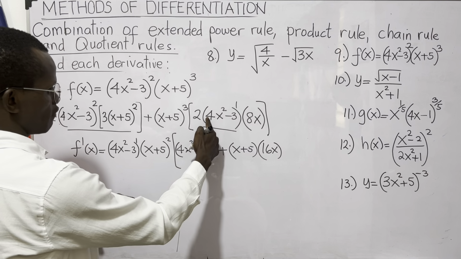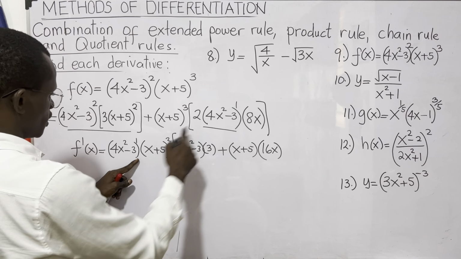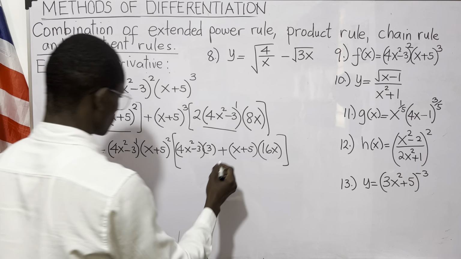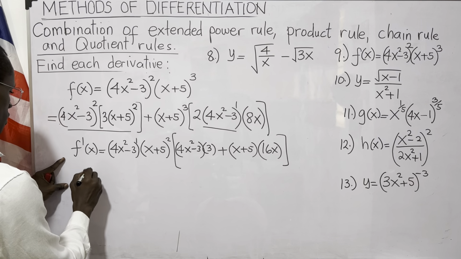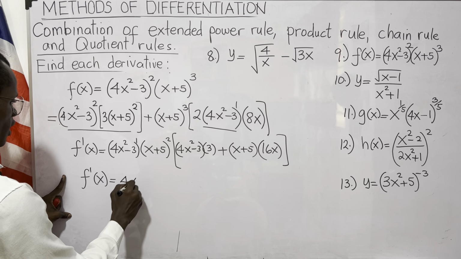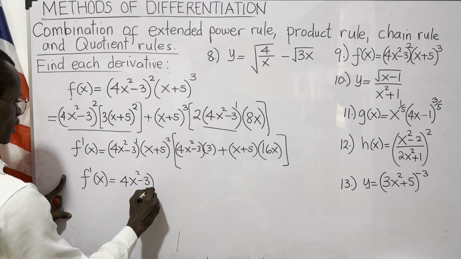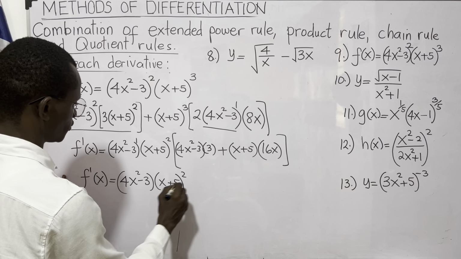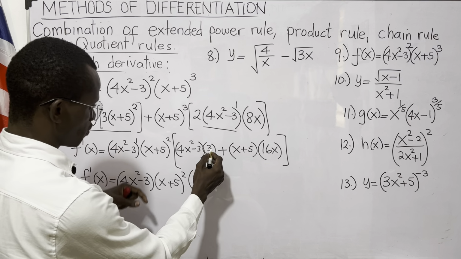And then 4x squared minus 3 raised to the first power is already outside, so we just simplify in there. This one will give us 4x squared minus 3 times x plus 5 raised to the second power times, so we multiply.